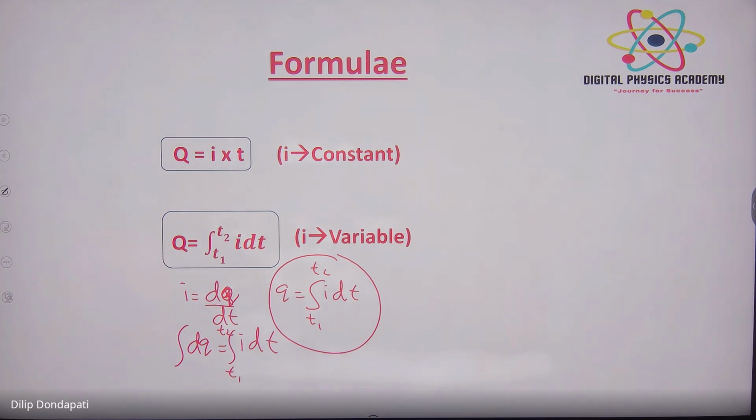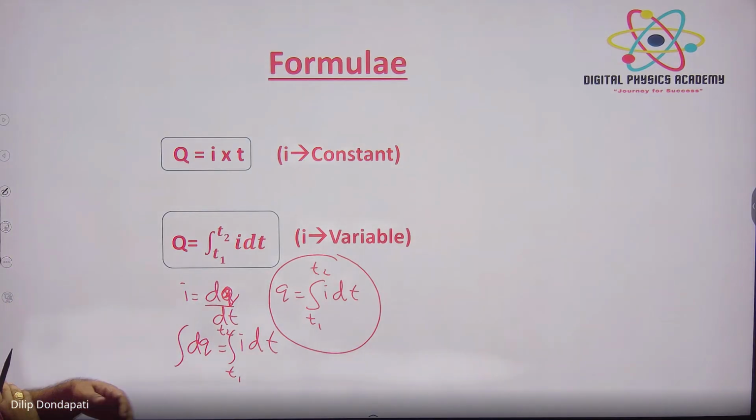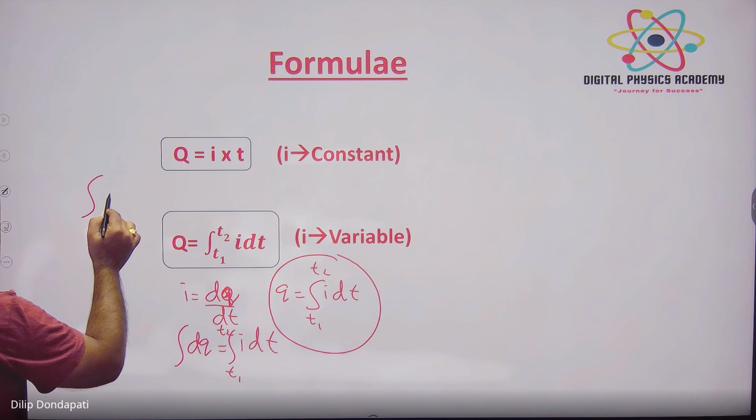You remember the integration formula, right? The integration of x to the power n is x to the power n plus 1 divided by n plus 1. And the integration of dt will be t.